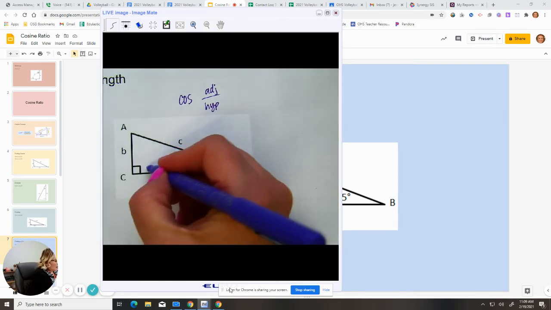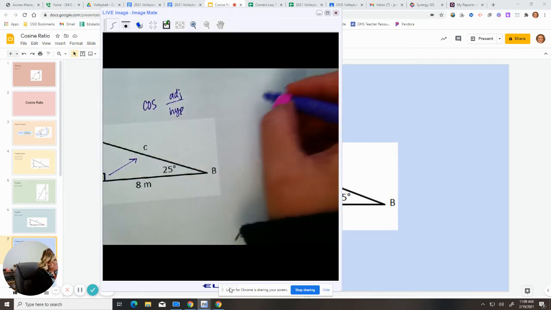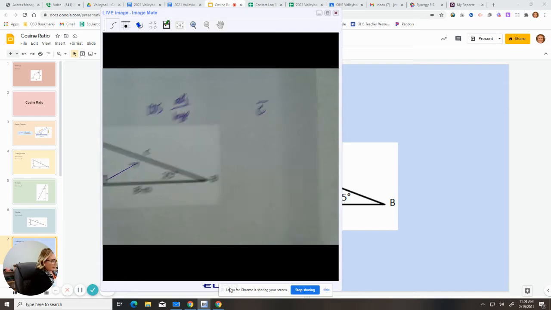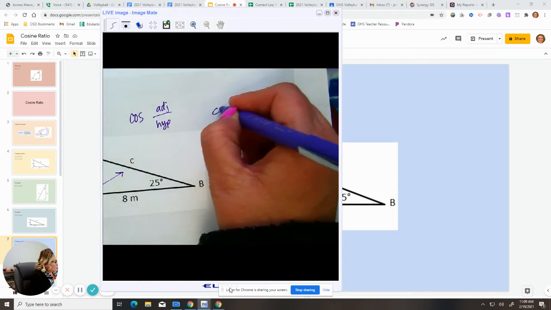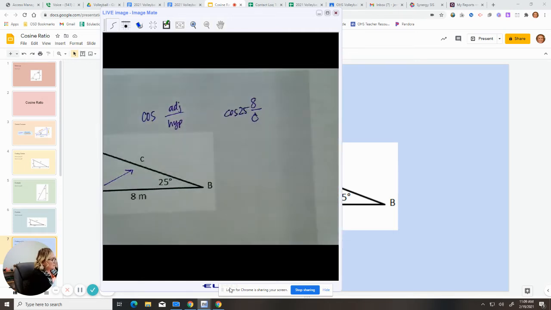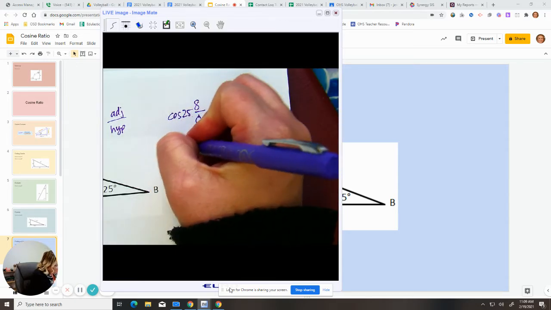We know that the hypotenuse is C, so we can automatically put C at the bottom. We know that the adjacent is 8, and we know that the angle we're dealing with is 25, right? Let me write this a little clearer.